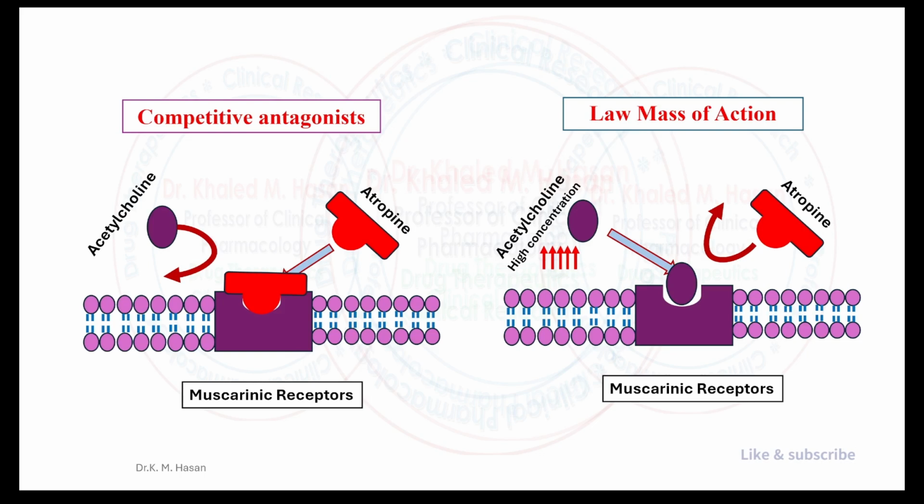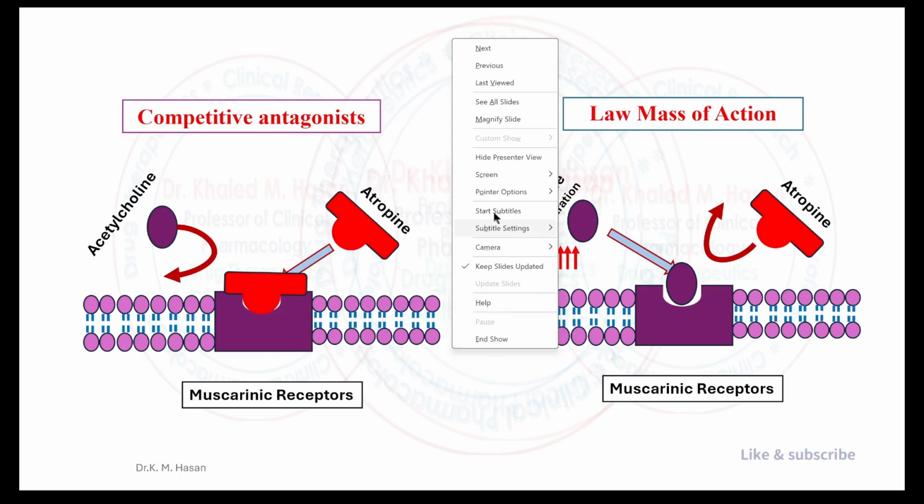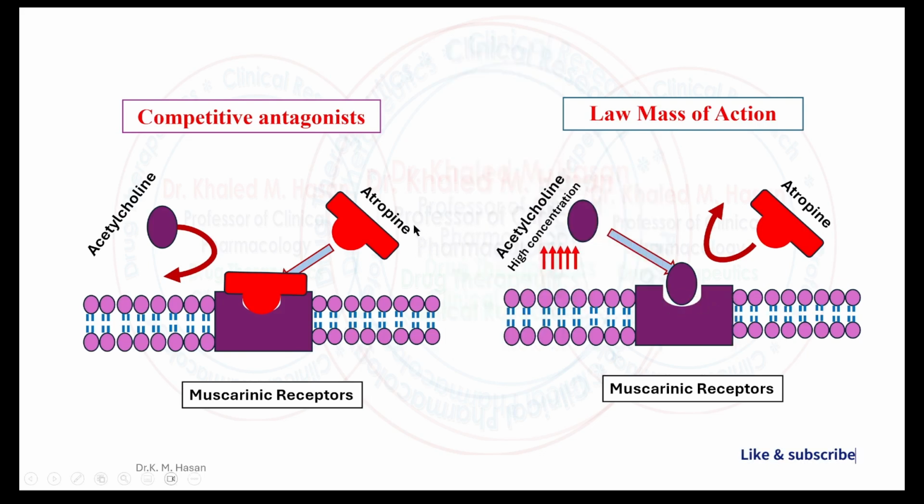This is an important slide that explains what happens when you prescribe atropine to your patients. When you prescribe atropine, it will bind to the muscarinic receptor and prevent acetylcholine from binding to the receptor.